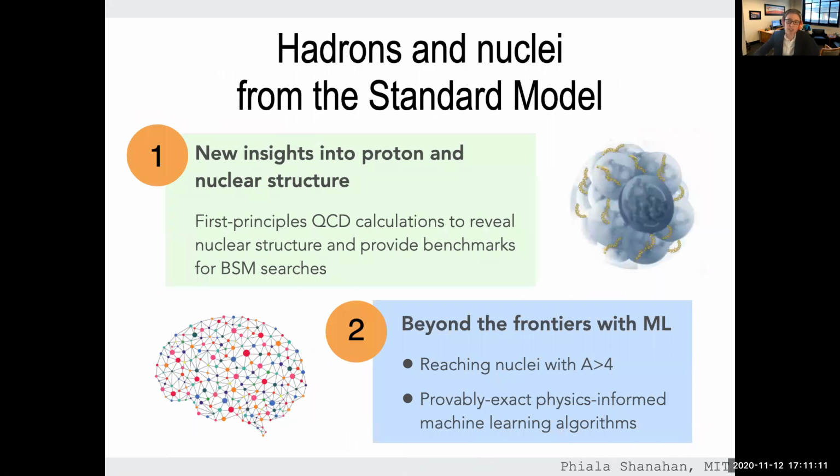So to summarize, I've given a broad discussion of how we can understand the structure of hadrons and nuclei from the standard model, with several very specific examples pulled from some of my recent work.